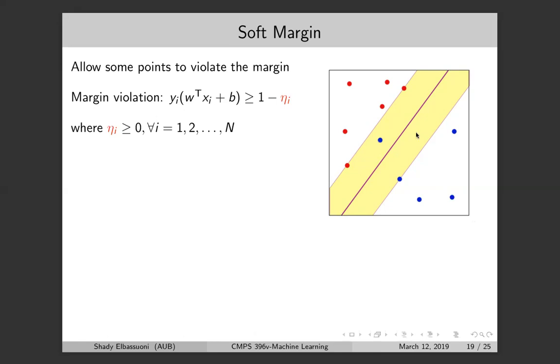Because before, the distance was at least 1, defined by these points, the support vectors. Now I'm saying that for some points, it can be less than 1, so 1 minus eta I. This point would be a violation of the margin. It has a distance less than 1.